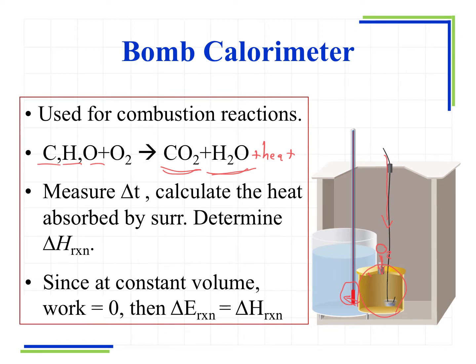So in bomb calorimeter, we have constant volume, not constant pressure, right? So how can we find delta H?